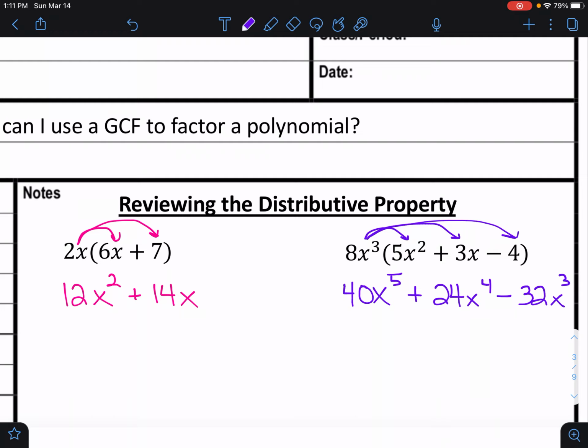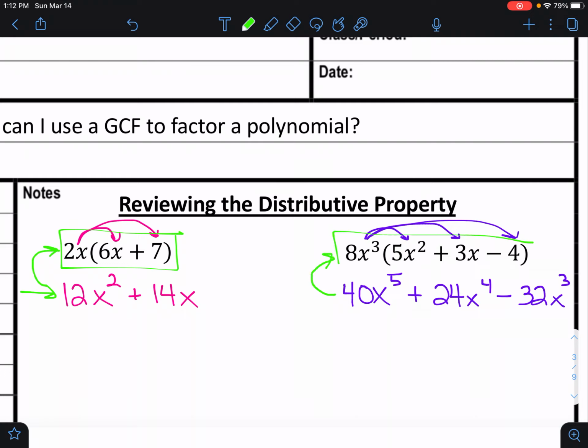Today, what we're going to learn is something called factoring, and factoring is really just the distributive property backwards. So what we're going to do is start with this. You'll be given something like this, and you're going to go backwards and factor it so that your answer actually is this. This is called the factored form. So how do I take a polynomial and write it in factored form?